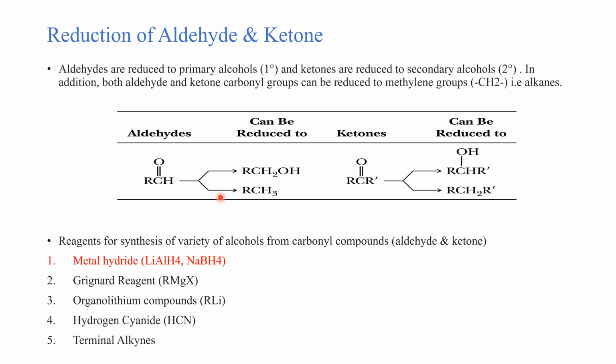From these, we will see that aldehydes are reduced to primary alcohols and ketones are reduced to secondary alcohols. In addition, both aldehyde and ketone carbonyl groups can be reduced to a methylene group.